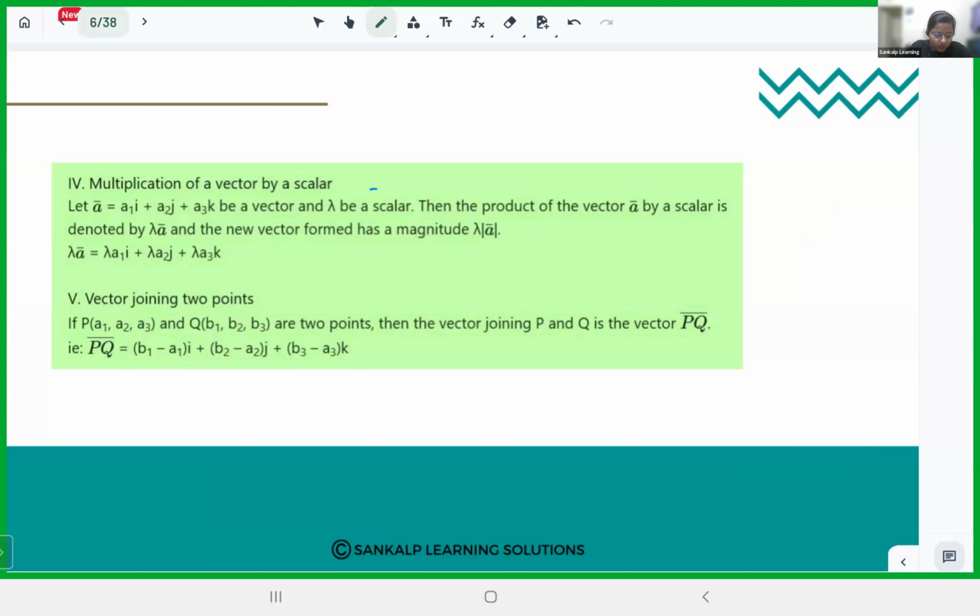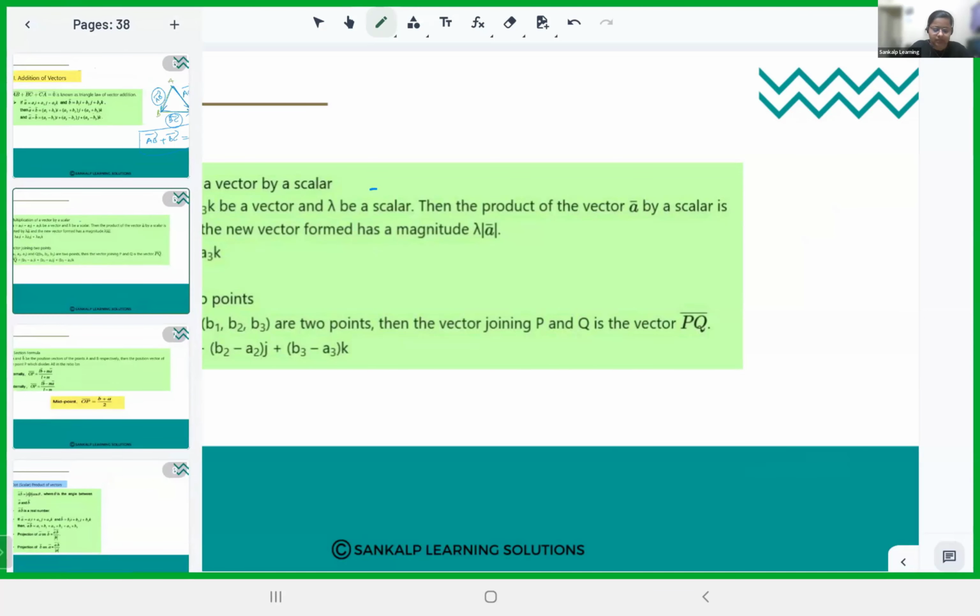Now, moving on to our next topic, the section formula.